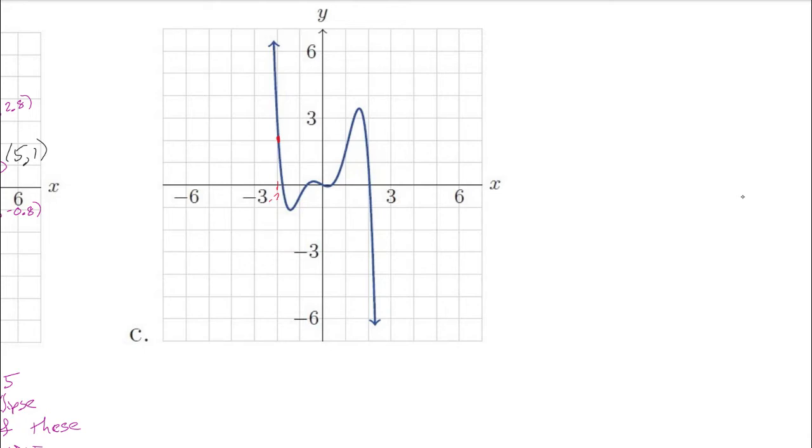If I look at x is negative 2, we have the point negative 2, 2. If I looked at x is negative 1.4, we can go down to the bottom and see that we have a y value of about negative 1.1, give or take. And as I keep looking at different x values, I see that the line will only take on one y value.